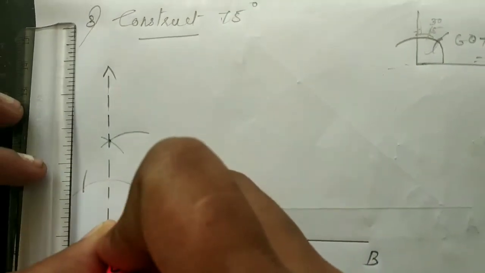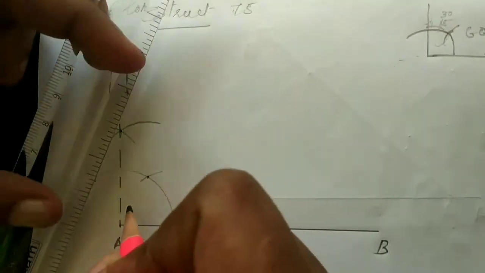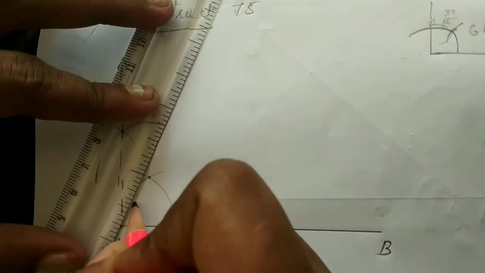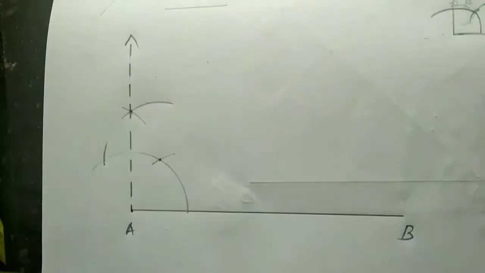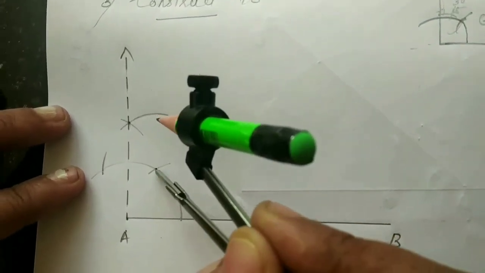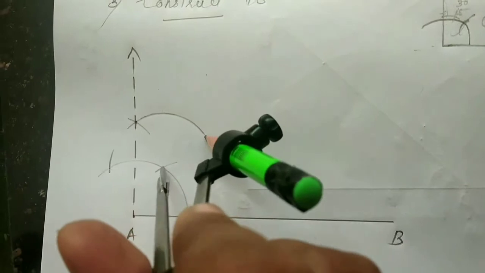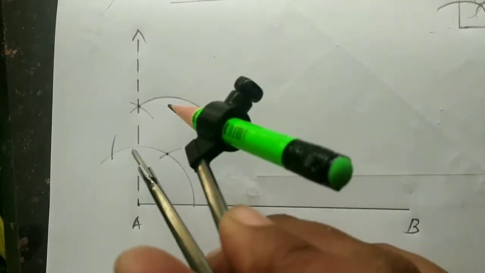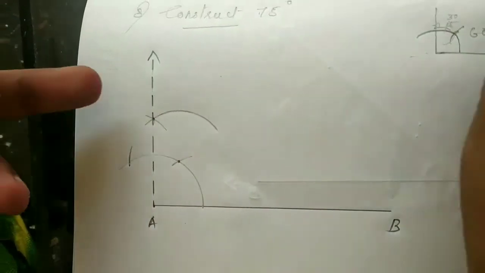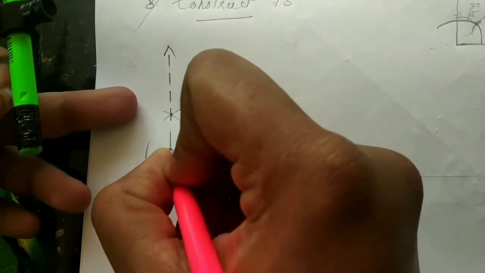Now this is 60 degree. If you need, you can draw a line, otherwise no need, just keep it in mind. Okay. And put the tip of the compass here at 60. Draw an arc like this. Okay. And here, the tip of the compass at here, this is the intersection.